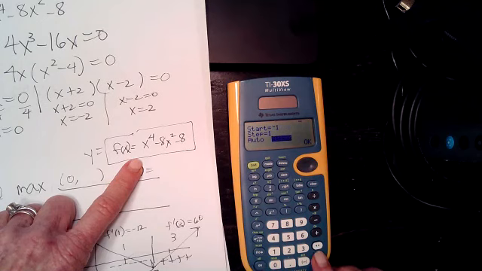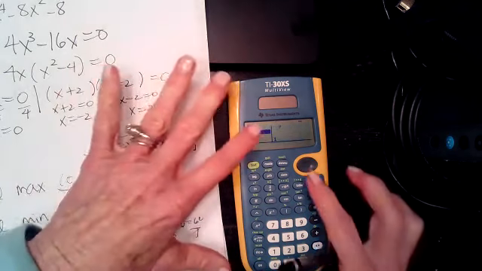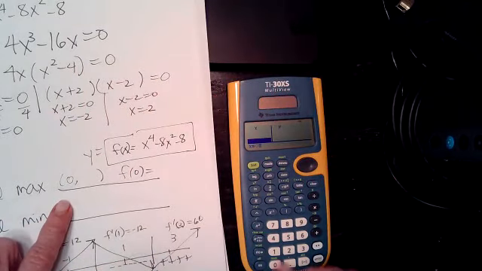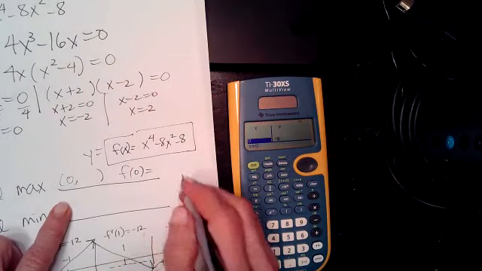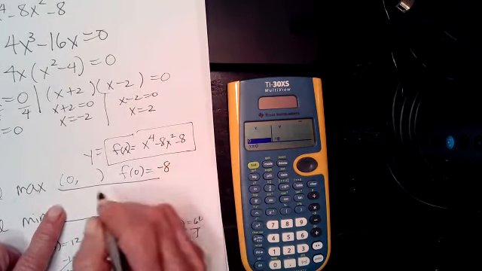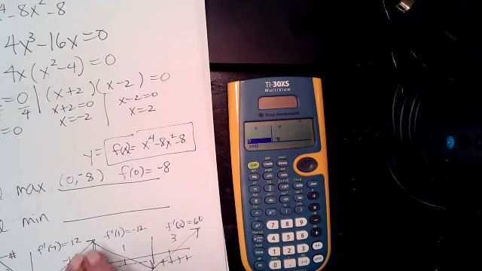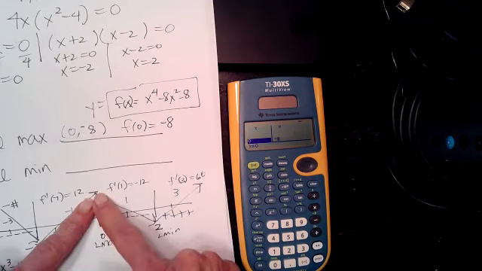Enter, enter, enter, enter. I'm on ask, so I can delete whatever's there. And then I can say 0, enter, and I get negative 8. So my local maximum point is (0, negative 8). Okay, that one's right there.